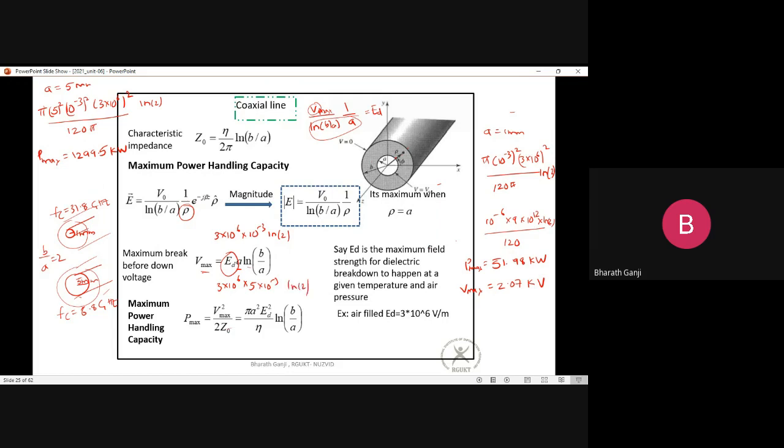So it is 5 times more than the Vmax here. So it is 2.07 into 5, so it is 10.35 kilovolts.